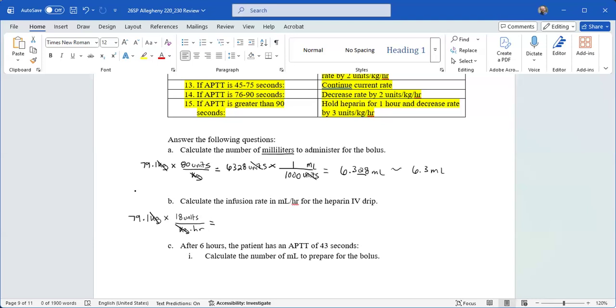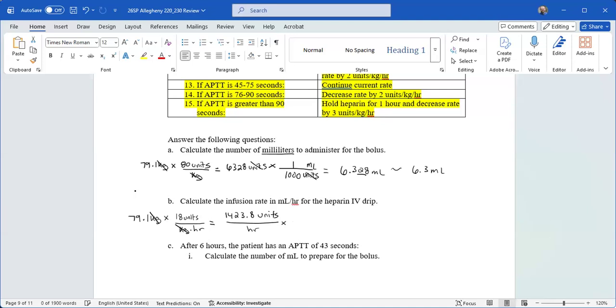So I'm going to take the 79.1 times 18. I'm going to get 1,423.8, and that's units per hour.